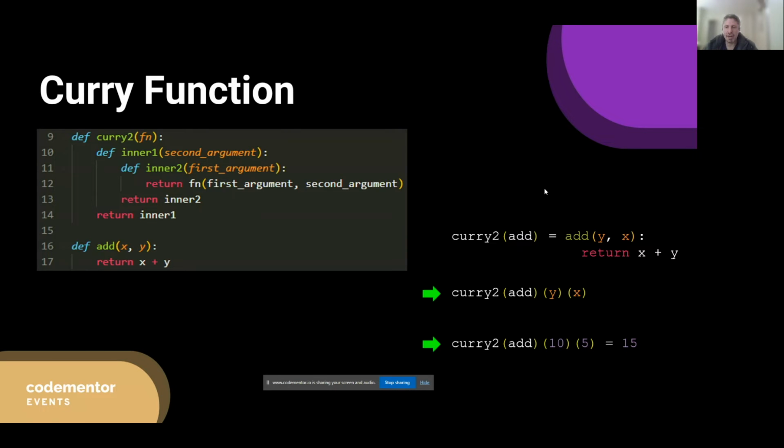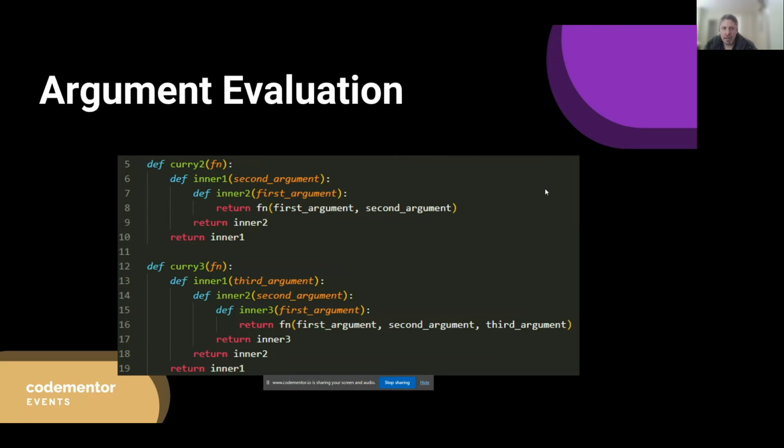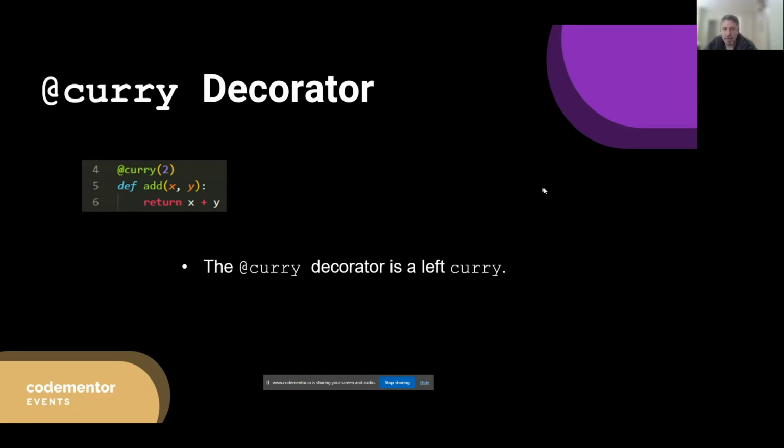And here's how you would actually invoke it, just for clarification. You can see on line 12, we have a curry3 function. Note the names of the parameters being passed into the inner functions, starting with the third argument, second argument, and then the first. It kind of clarifies how you would use it.